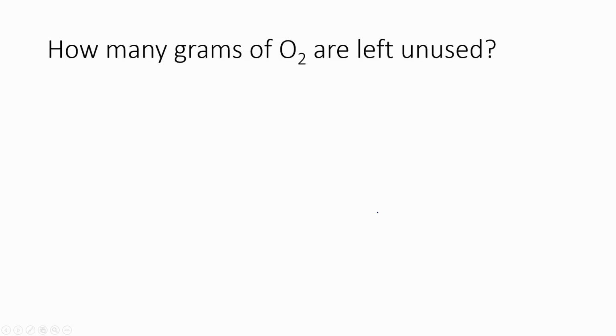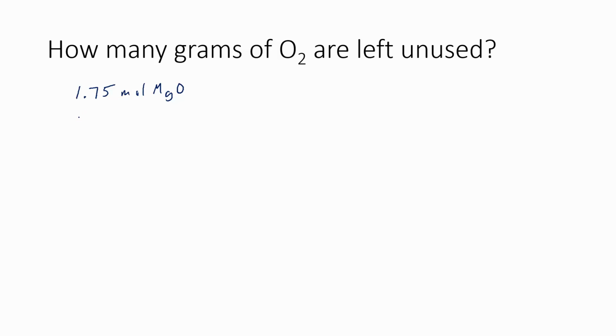We can ask other questions too, like how many grams of oxygen are left unused. So remember, we want to start with something that came from our limiting reactant. We could start with the 1.75 moles of magnesium oxide, because that came from the limiting reactant calculation.